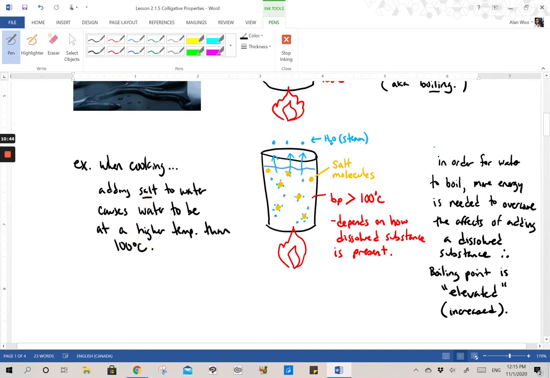Okay, but keep in mind, it doesn't have to be salt. When people put sugar in water and they try to boil it, the same thing happens. Okay, so it doesn't matter what's dissolved.